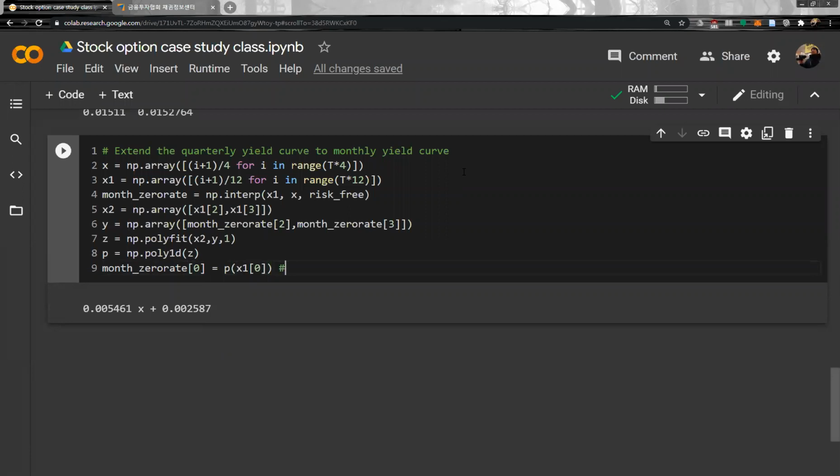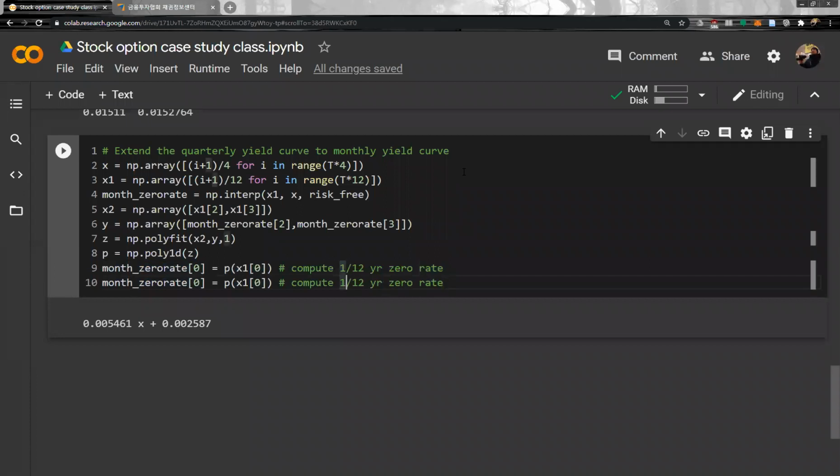So compute the 1 month zero rate, the spot rate. And then the second one is this, 1.